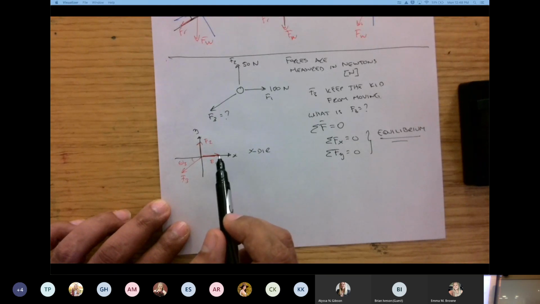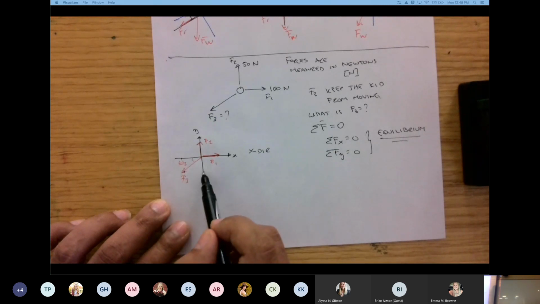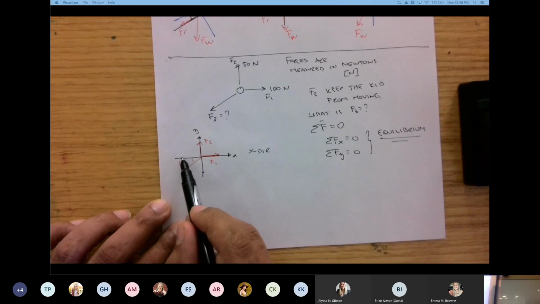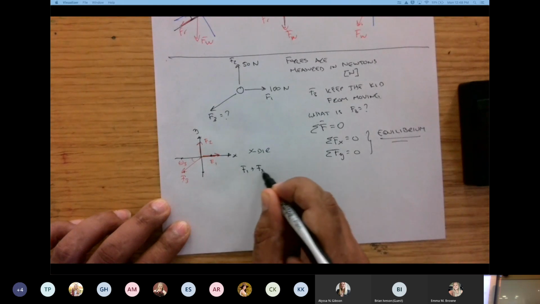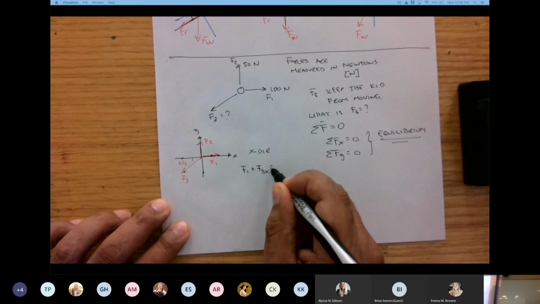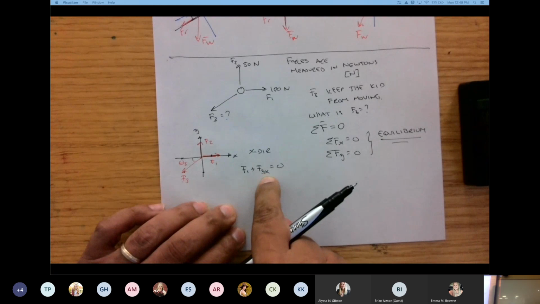F3. So remember, F3 is going to have an x component and it's going to have a y component. So the x component of F3 has to cancel F1. So F1 plus the x component of F3 has to be equal to 0. Now, the x component of F3 is pointing in the negative direction.